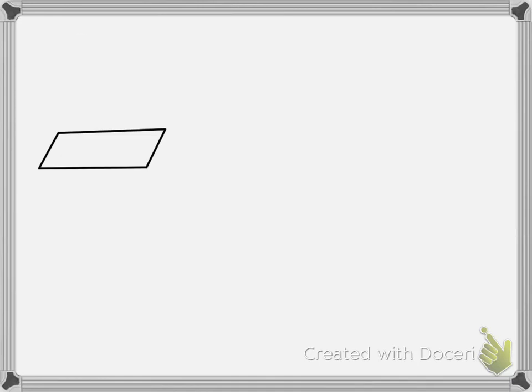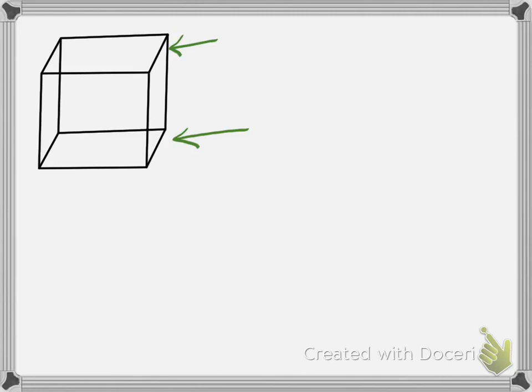It's a type of polyhedron, but it's a specific one where it has two congruent polygons as bases, and these two congruent polygons are connected with line segments making lateral faces. So there are two congruent bases and there are lateral faces.